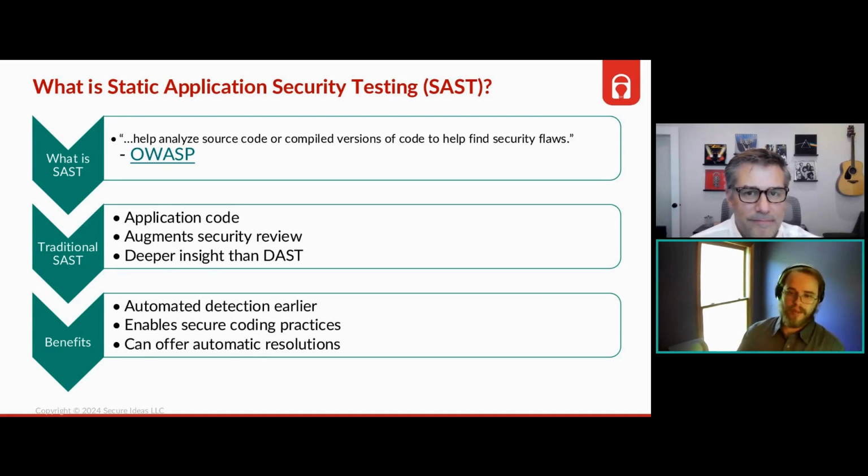And some of the benefits is that you can integrate it earlier into the life cycle, like we talked about before with the whole shift left methodology. So it allows you to integrate tools to help augment your scanning and enumeration of possible vulnerabilities before it even gets deployed into production.